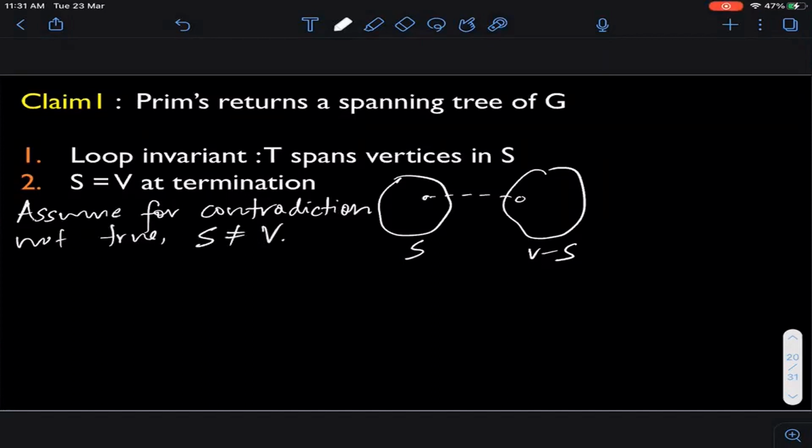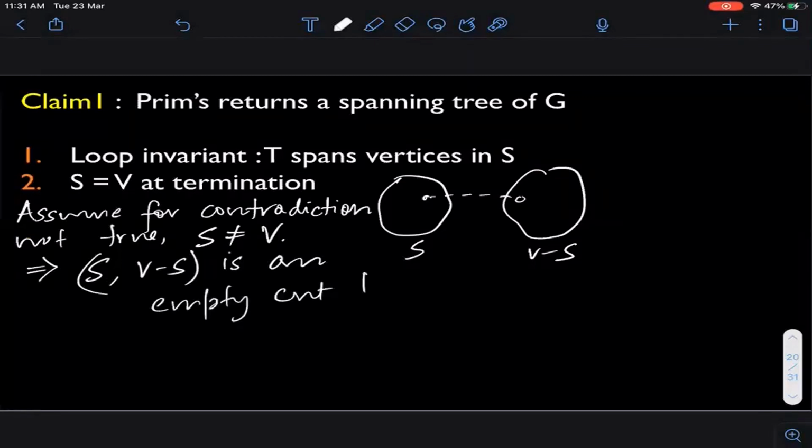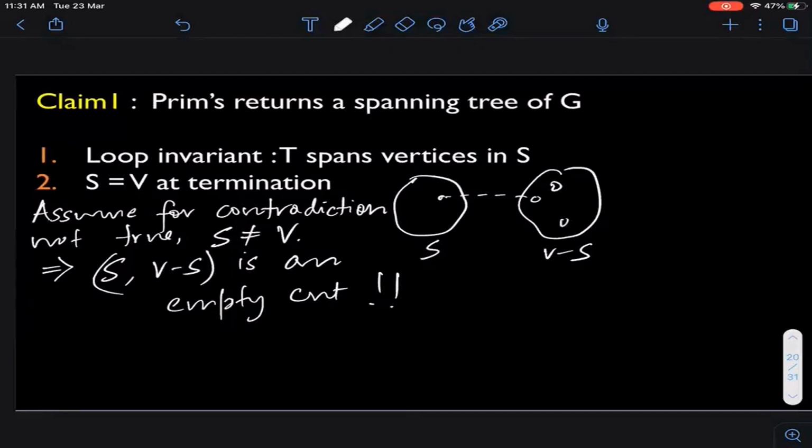But this implies that S comma V minus S is an empty cut. Right? So in V minus S there are some vertices. You are assuming for the sake of contradiction that S is not equal to V. So this is your S, and over here you have some other vertices, and you are claiming that there are no edges going across. So this is exactly the definition of an empty cut. Okay? But what do we know by the empty cut lemma?